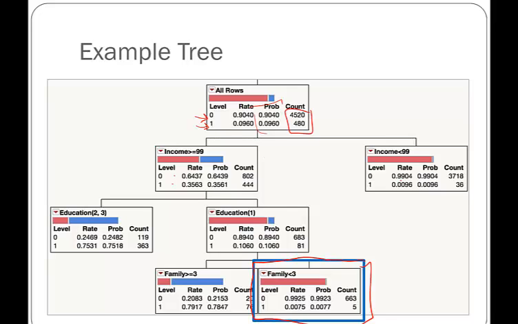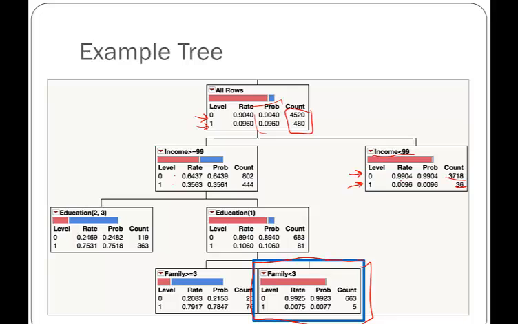Then we say if income is less than 99, that's our first split. In that case, we have 99% zeros, or 3,718 zeros and 36 ones.